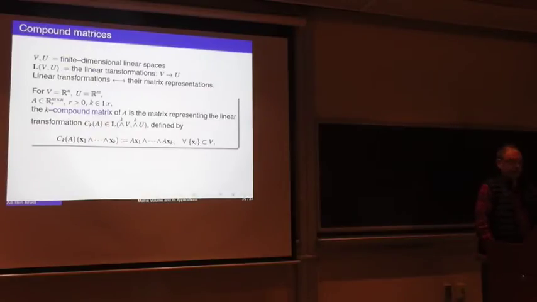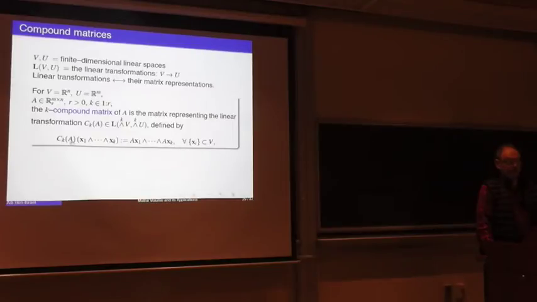And we are led to the next topic called compound matrices. There are some other names for it. And this is if we take vectors x1 to xk and their exterior product, and then there is a matrix A that maps to another space, and we take the exterior product of Ax1, Ax2, Axk. This is a linear transformation that goes from the product of the x's to the product of the Ax's.